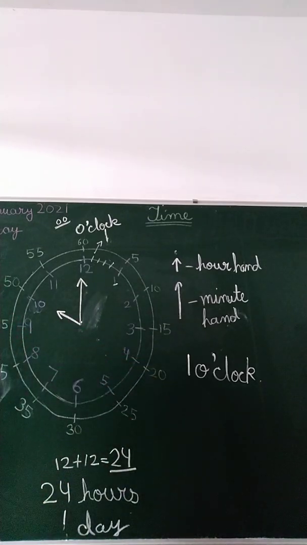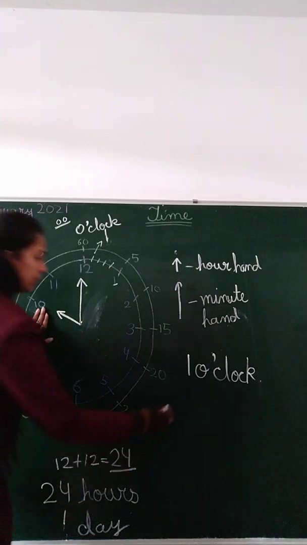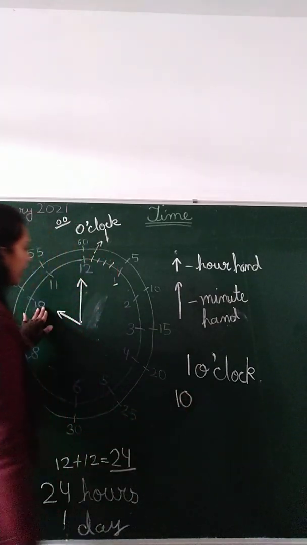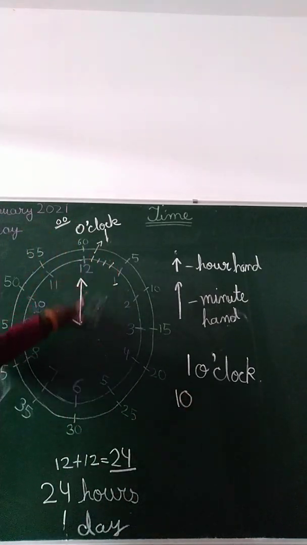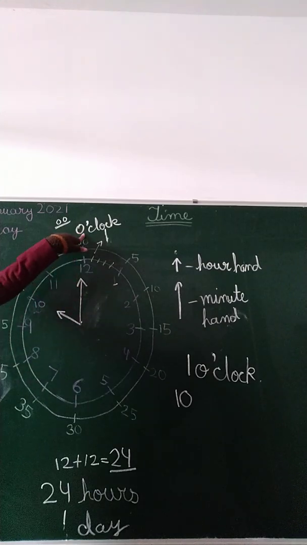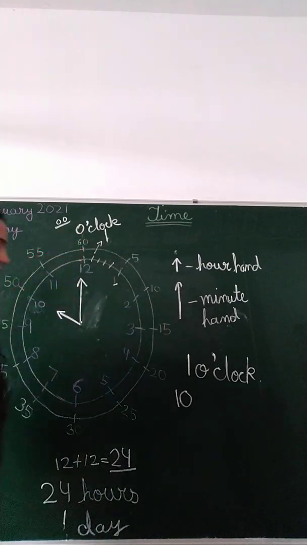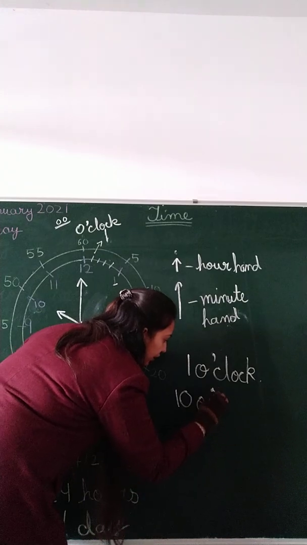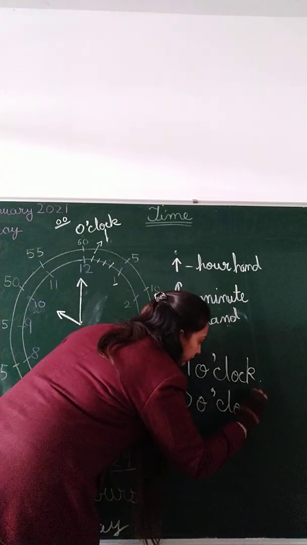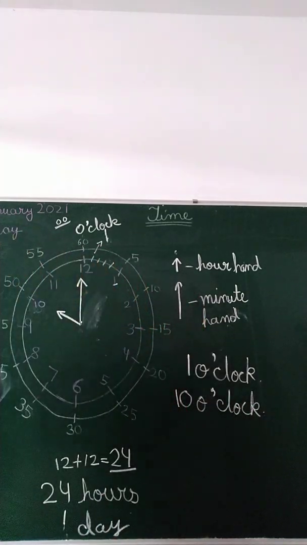First we will write down 10. And then the longer hand is pointing towards o'clock. So we will write down 10 o'clock. Fine? So this is the way we look at the time. This is the proper way we look at the time.